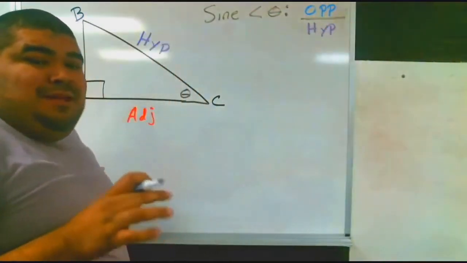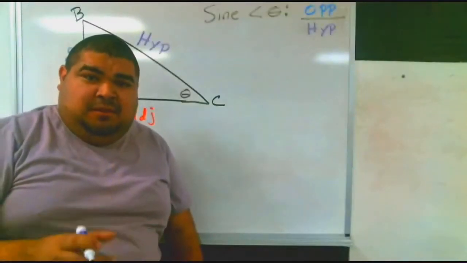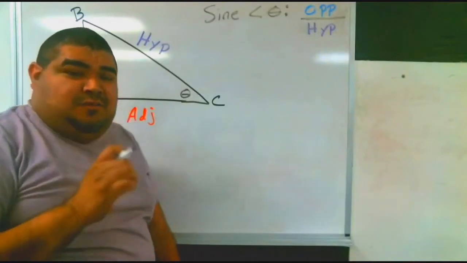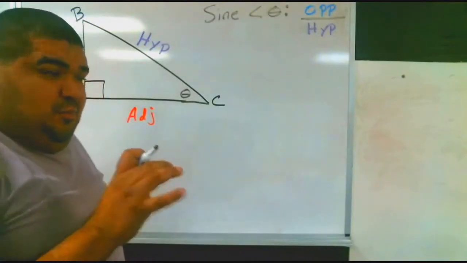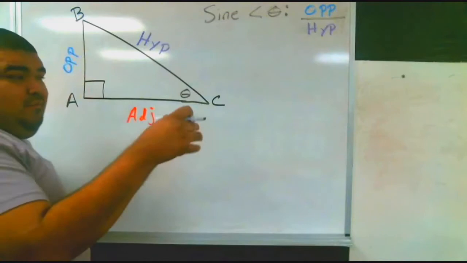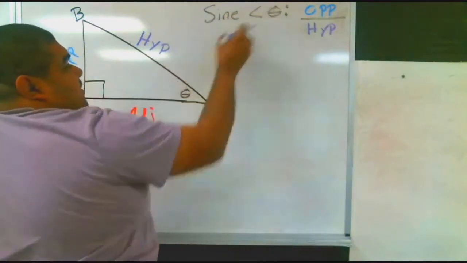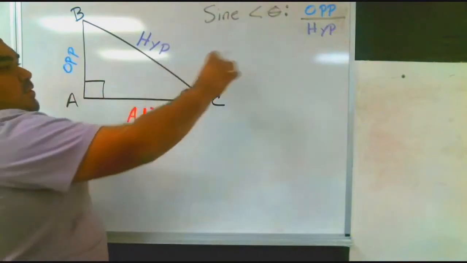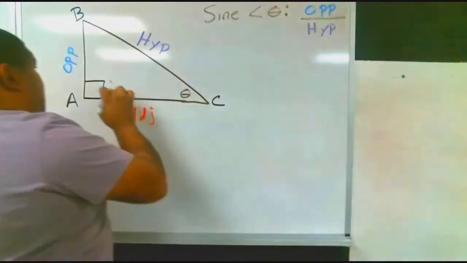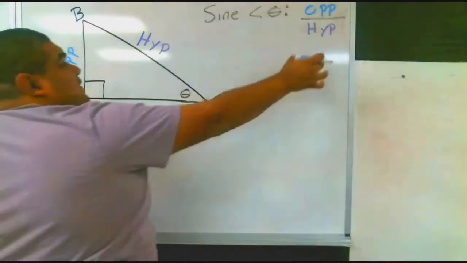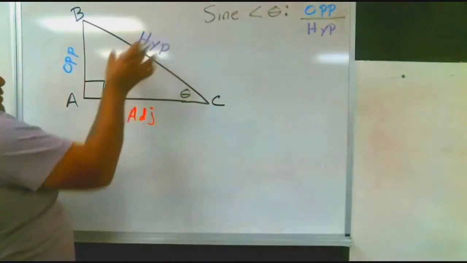Maybe it might not make sense right now, but as long as you follow these rules, these are pretty much rules to help you solve for angles. So in order to solve for sine of theta, we divide opposite, whatever the value is, by our hypotenuse.